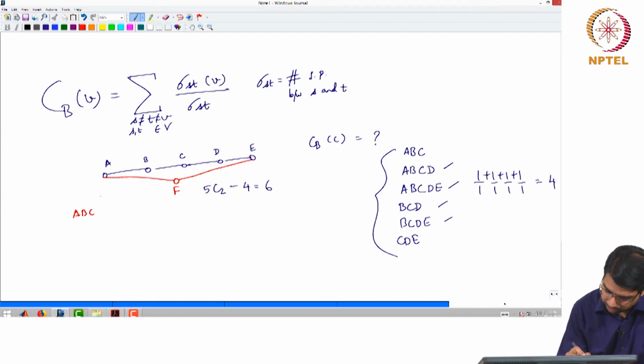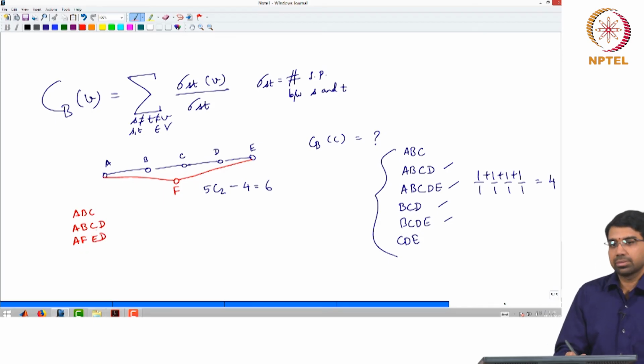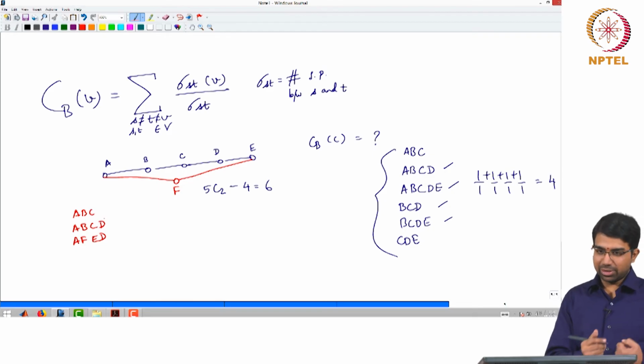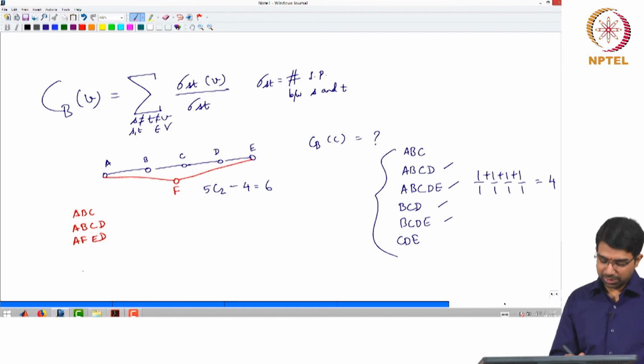A, B, C is the shortest path, A, B, C, D is the shortest path, as is A, F, E, D. Right. So you will see that the betweenness of B and C will now drop, right, because only half of the shortest paths between A and D pass through C.